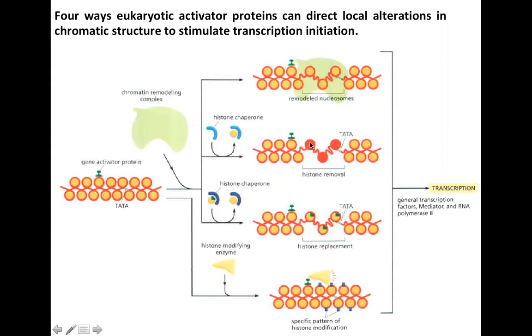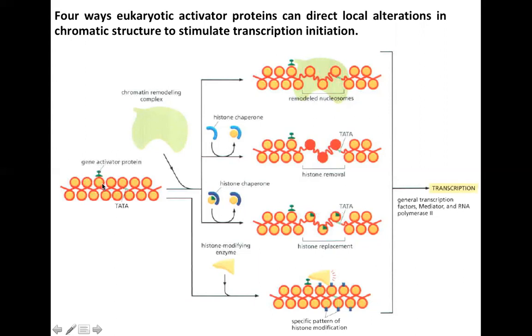The region where a regulatory protein needs to bind has to be easily accessible for the regulatory protein. This is the specific region where the activator protein has to bind. This region would be made accessible by the presence of histone variants.